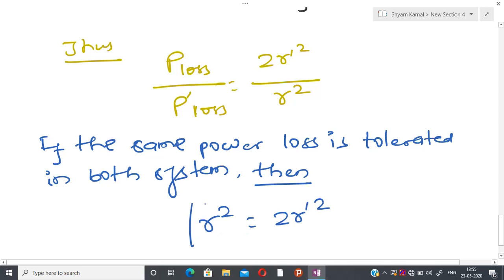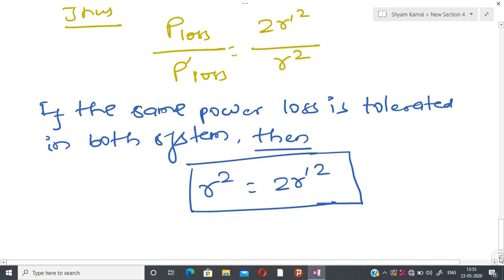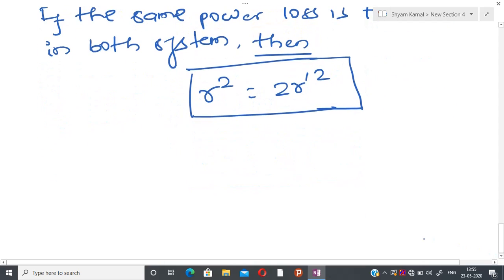Then only I can assume that power loss in the one phase as well as three phase wire are the same. Now by using this particular relation, I am going to see the material requirement.